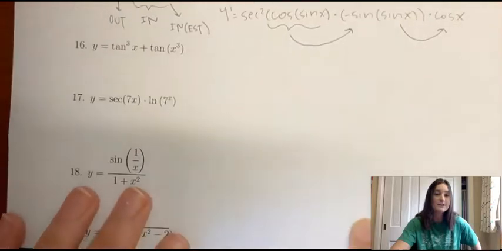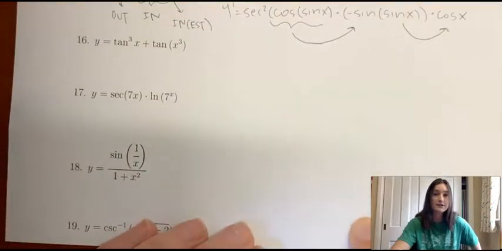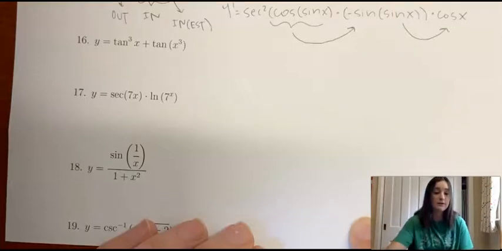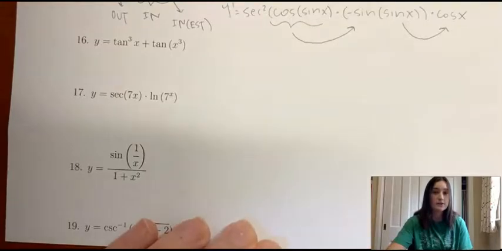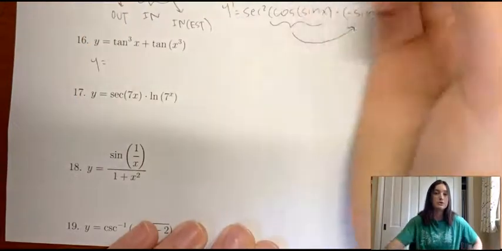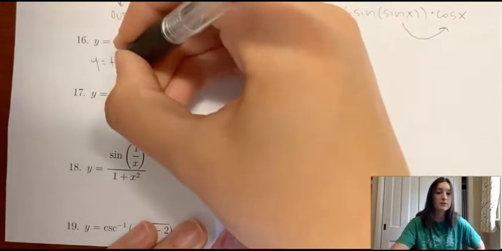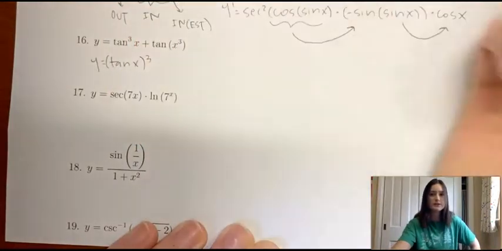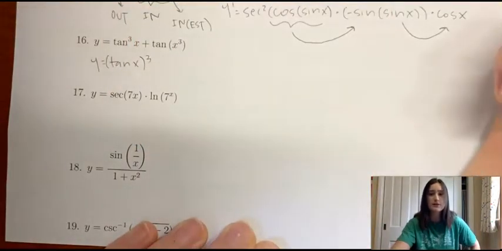On 16, you've got a tan cubed of x, and anytime I see a trig function and then an exponent and then an x, I think it's really helpful to rewrite that as the trig function, putting the exponent on the outermost part of the trig function. So when I rewrite that, y equals, I'm going to do tan x to the third. So that just makes it easier for me to recognize it as a power rule problem.